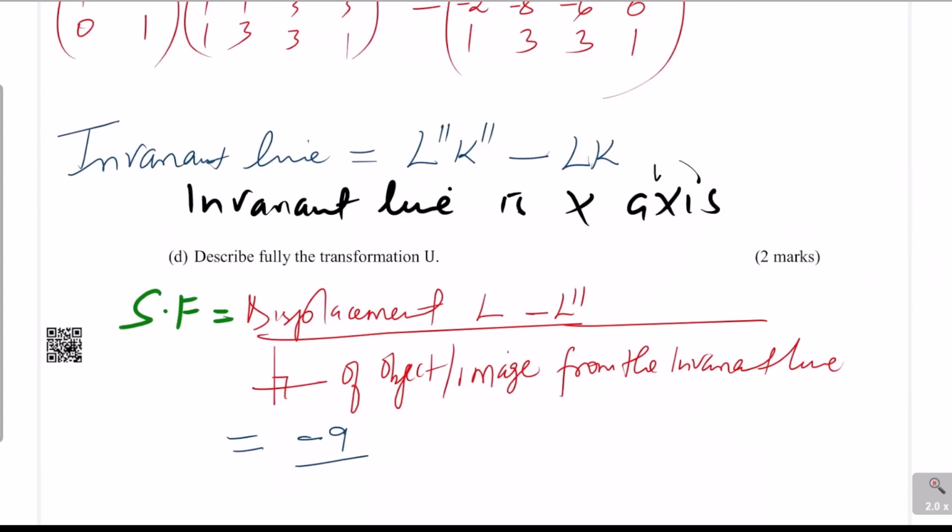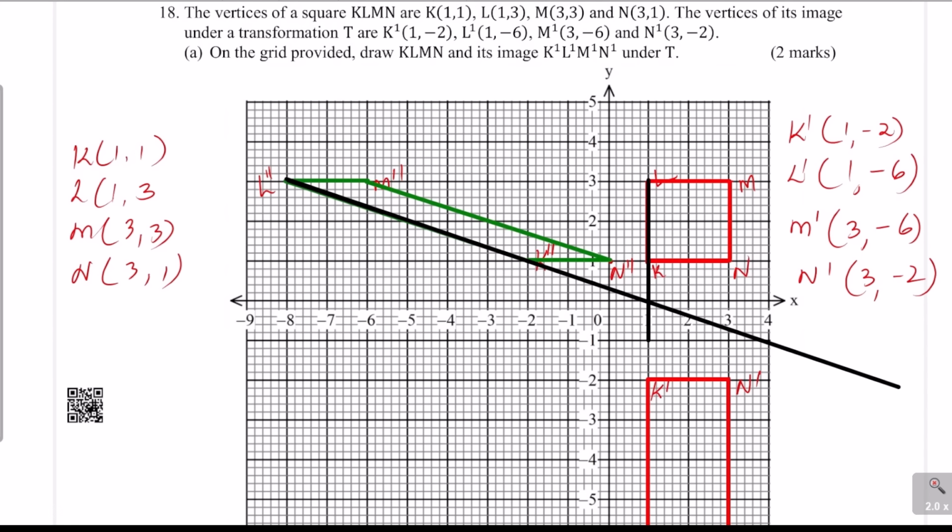Then the perpendicular distance of the object point to the invariant line. I'll pick the object point to be, let's say, L. What is the perpendicular distance of L to the invariant line? From L, count these squares: 1, 2, 3.